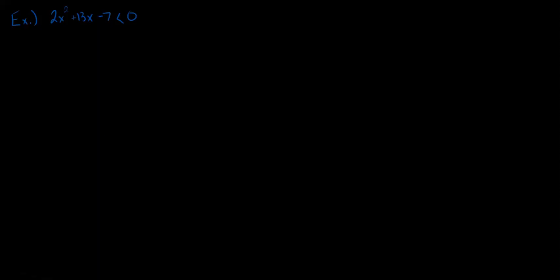Okay, so remember when we're solving quadratic inequalities, we're going to want to solve by factoring, and just like when we're solving by factoring with equations, we want everything on one side and 0 on the other side. We want that standard form, and in this case we already have that standard form. Now I have 2x squared plus 13x minus 7 is less than 0.